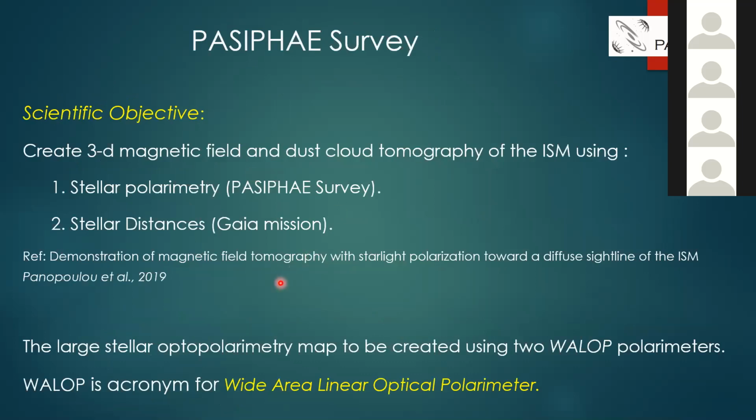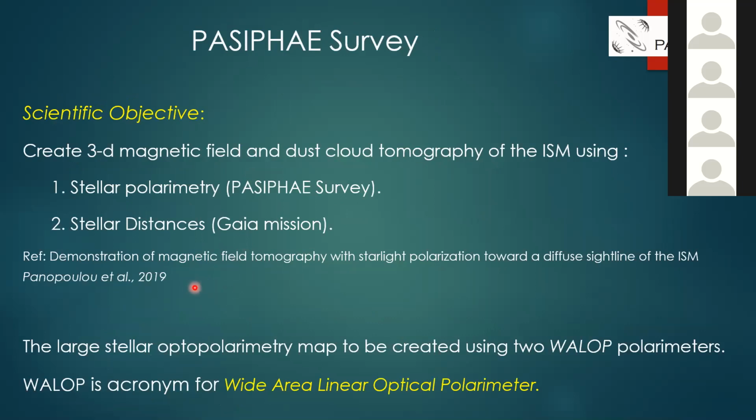The main motivation for carrying out the PASIPHAE survey is to create this three-dimensional magnetic field and dust cloud tomography map of the ISM using stellar polarimetry and stellar distances as the two tools. Currently, we have a large stellar distance catalog from the Gaia mission, and what is really missing is a large-sky stellar polarimetry map.